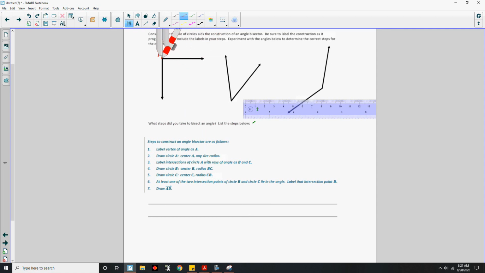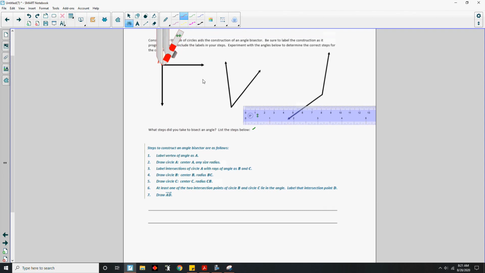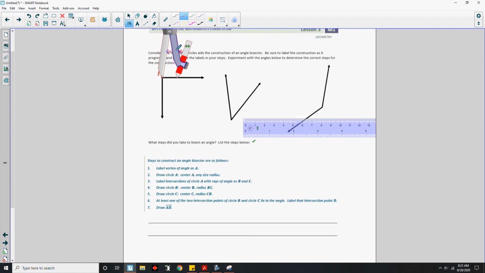So then I put this at A, like so, and open the compass to any radius. I'll go to here, and it says draw a circle. So I'm going to do the whole circle this time. So there it is. Okay, let me get rid of this mark. So there's step 1 and 2.